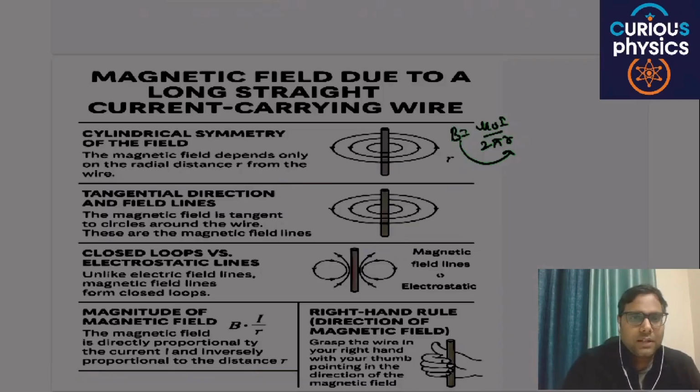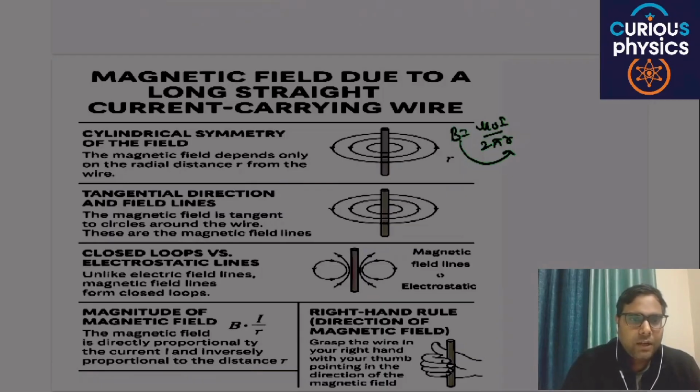Are you able to understand my point or not? The magnetic field lines always exist in closed loops, but this is not the case for electric field lines.